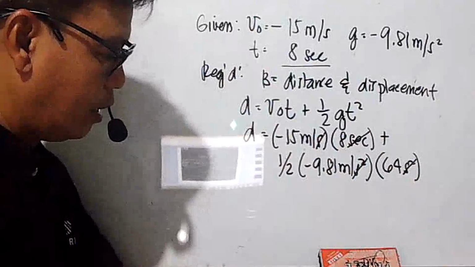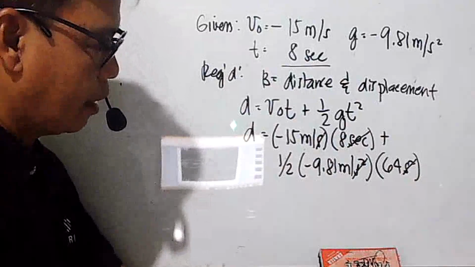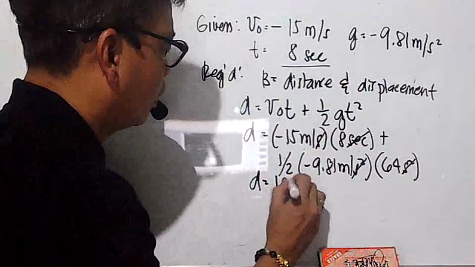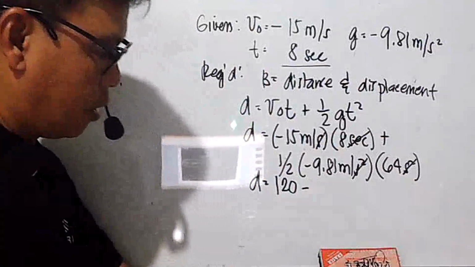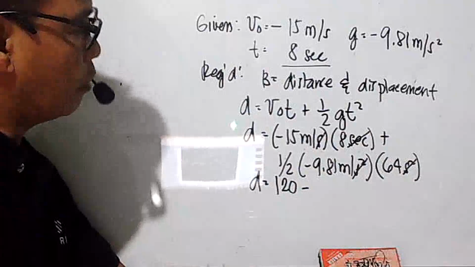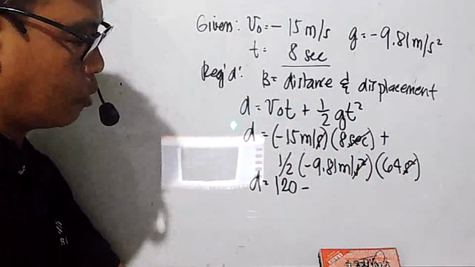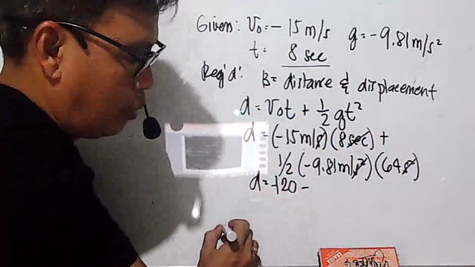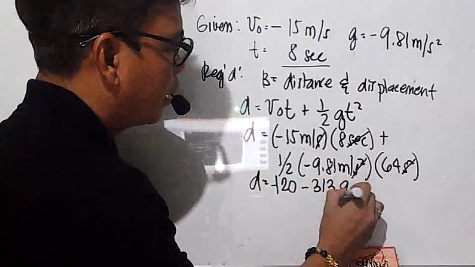So negative 15 multiplied by 8 is equal to negative 120. So D is equal to negative 120 and then minus 64 multiplied by 9.81, divided by 2 or times 1/2. So that is negative 120 minus 313.92.